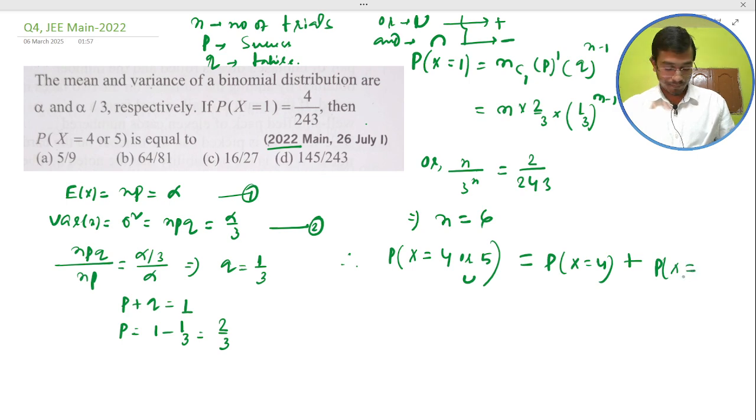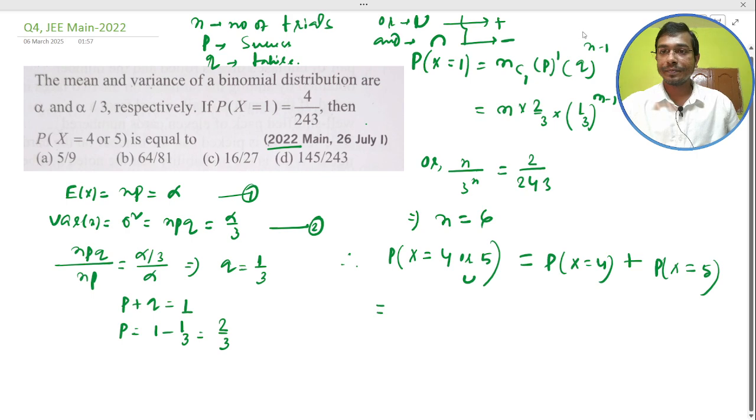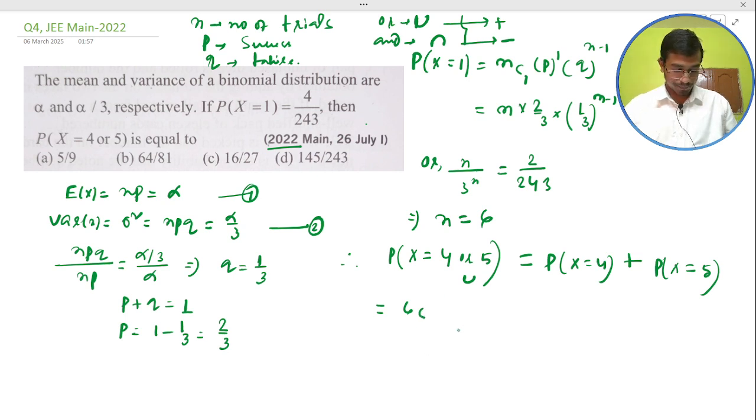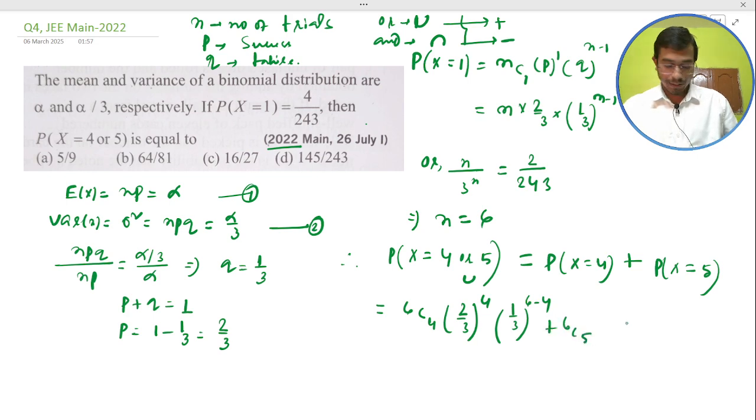P of x equal to 5. Solve this one. That is 6C4 into 2/3 to the power 4 and 1/3 to the power 6 minus 4, plus 6C5 into 2/3 to the power 5 and 1/3 to the power 6 minus 5.